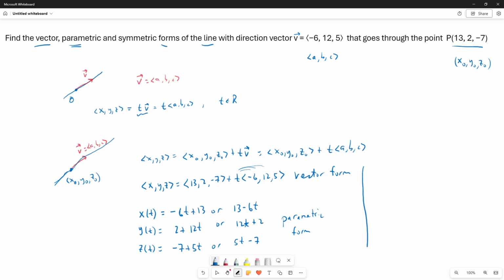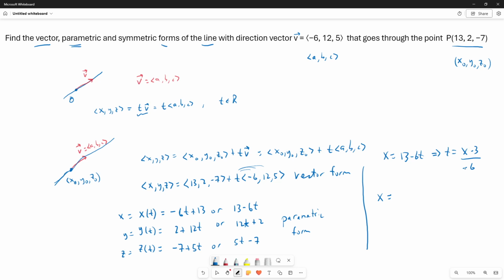Now, to make the symmetric form, we will simply take these equations, write the first equation with just x equals, the second with y equals, and the third with z equals, and solve each of these three equations for t. So the first equation, x equals 13 minus 6t, if you solve for t, t is (x minus 13) over negative 6.